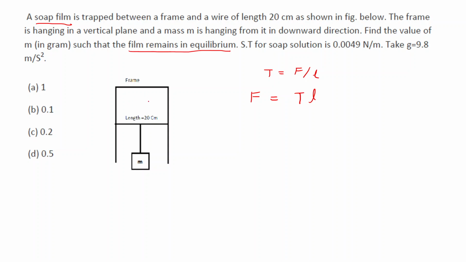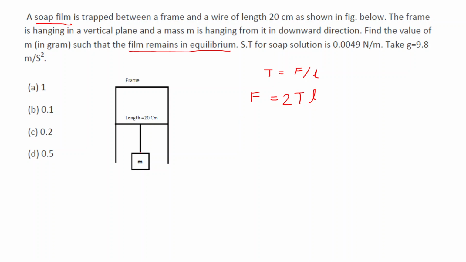Like here, these are the soap molecules. On one side there is air atmosphere, other side also it's air atmosphere. So that means there are two surfaces here. So that's why for this particular problem, the correct equation of force will be 2 times the tension and the length on which it is acting. So this will be the correct formula.